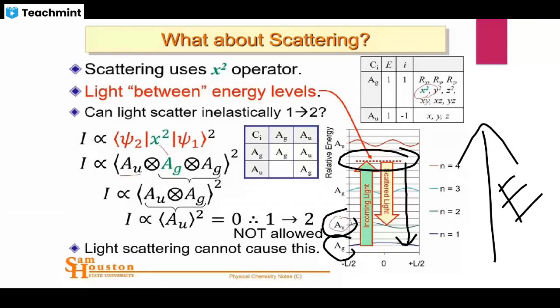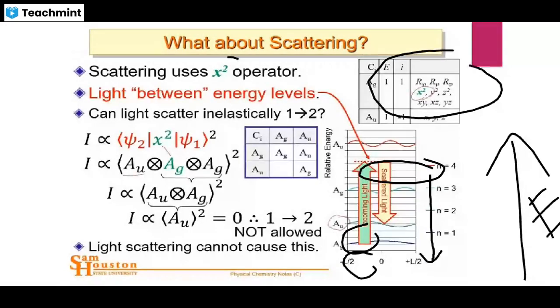First we take the character table, and for scattering you use the x square orbital. This is the light's symmetry, and x square is Ag. The ground state is Ag, x square is Ag, and the excited state is Au. Ag into Ag is Ag, and Ag into Au is Au, which means it is not equal to zero, so not allowed.